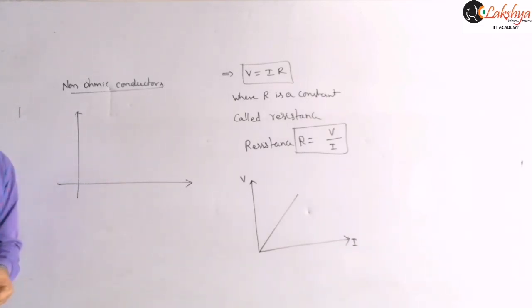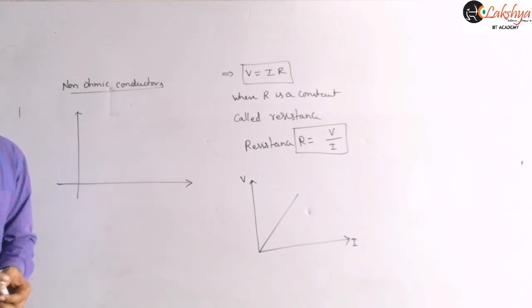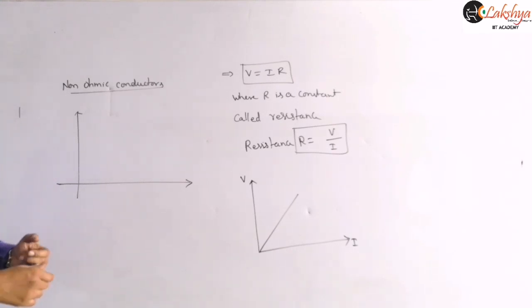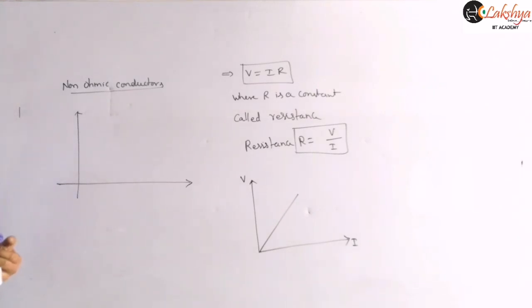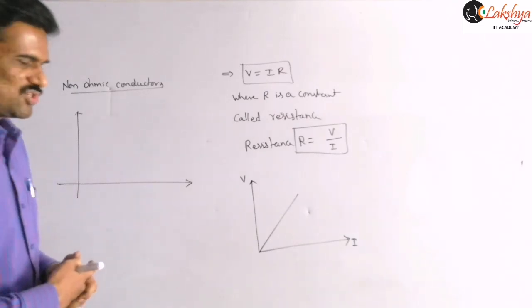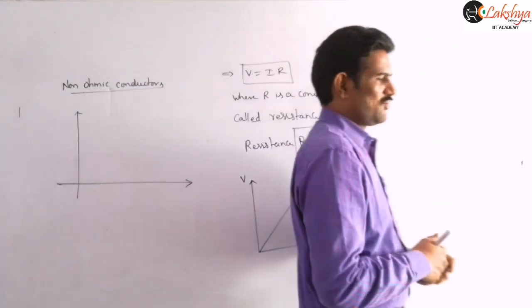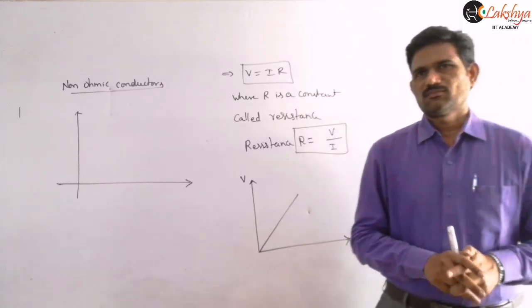The VI graph for such materials is non-linear, and the shape of the curve depends on the device.